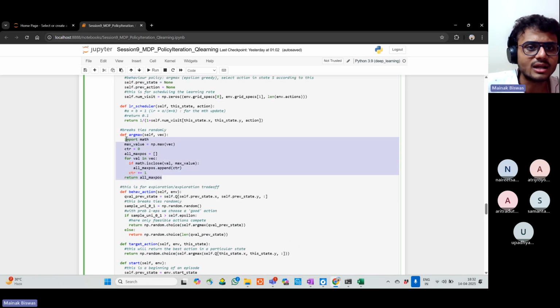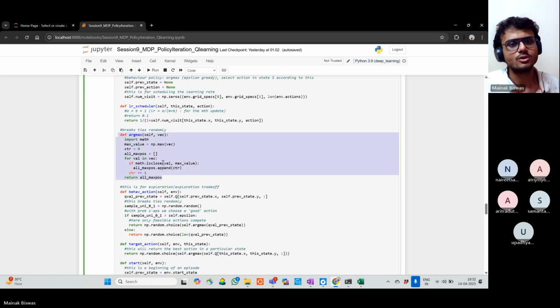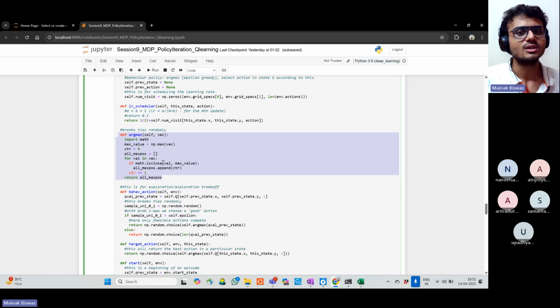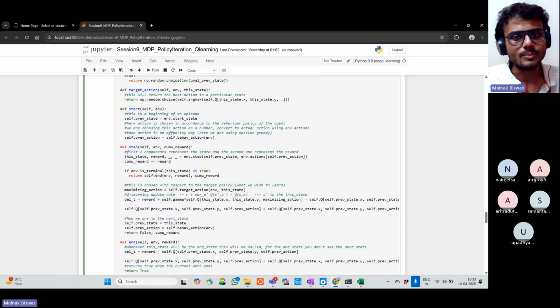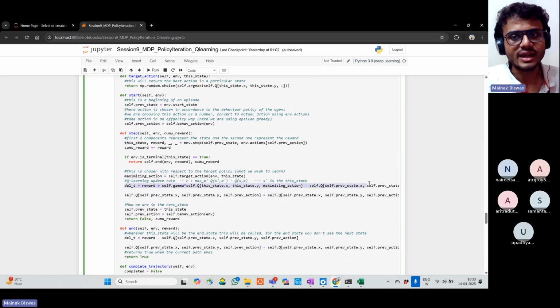Argmax again takes all those values and breaks ties randomly. I'm going to select one of the values which is the best, and I'll just return that. Is it clear? Any questions? So the main crux of the code is this finding the state.